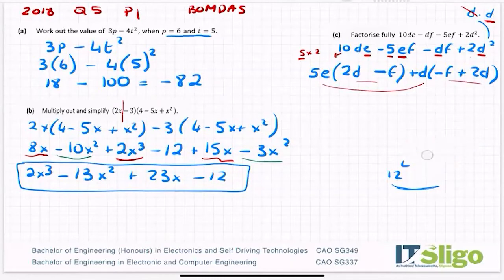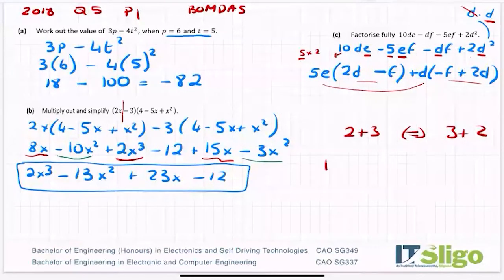Okay, now when you look at the inside brackets, so 2d minus f and minus f plus 2d, you're looking at two brackets that are the exact same, and they are in this case, they're just written, I suppose, backwards. Okay, so 2 plus 3 would be the same as 3 plus 2. Okay, or 10 minus 3, I could also write that as minus 3 plus 10.